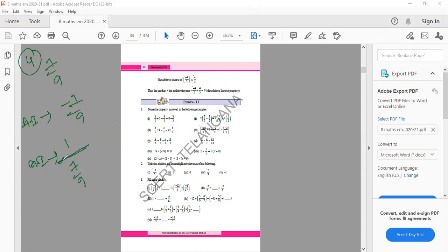You just make the numerator as it is. Minus 9 by 7. Why do you get minus, you tell me first of all. Multiplicative inverse, what is the formula first of all? 1 by minus 7 by 9. How do you get minus 7 by 9? I'm not clear.